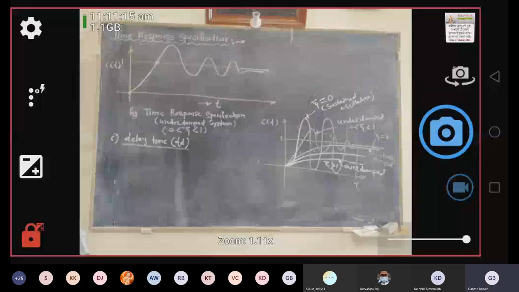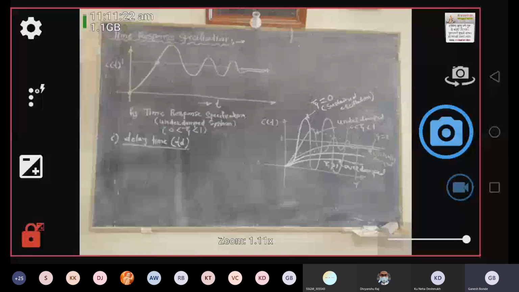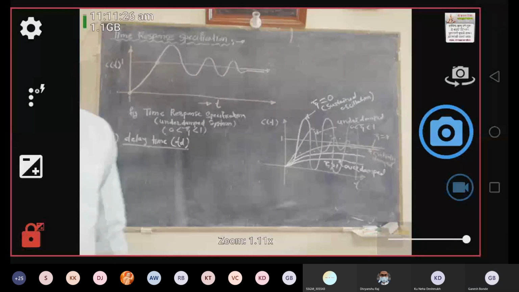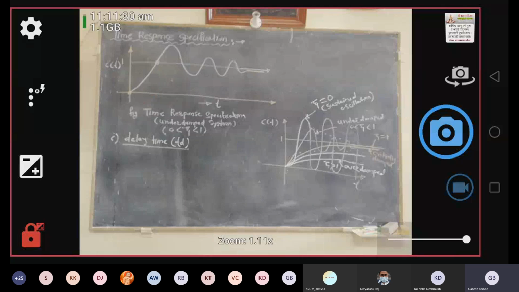So how to determine this delay time td? It is the time required for the response to reach 50% of the final value in the first attempt, called the delay time. So this is your t equal to 0, and this is the magnitude of the unit step.